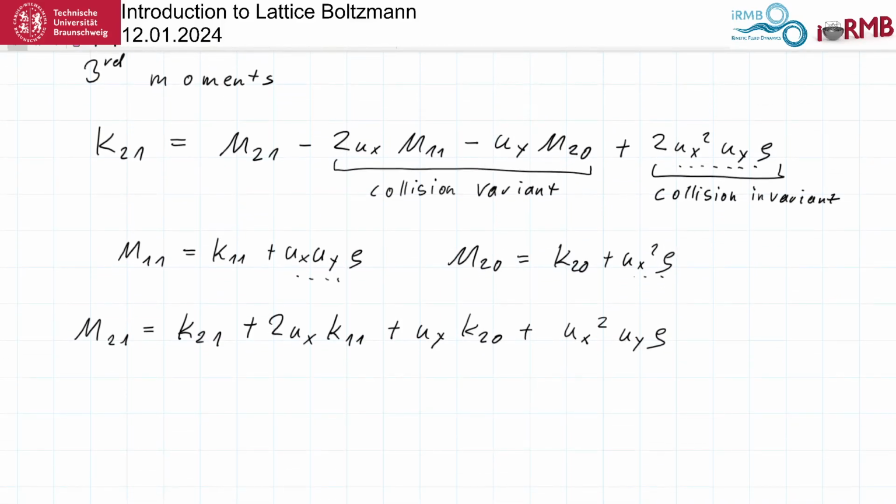So, okay, this is now the second order. So the first order is the second order moments and one the third order moments, and now we can plug this into the above equation and see what is actually happening when we relax the raw moment. So we do the relaxation in the Euler frame.